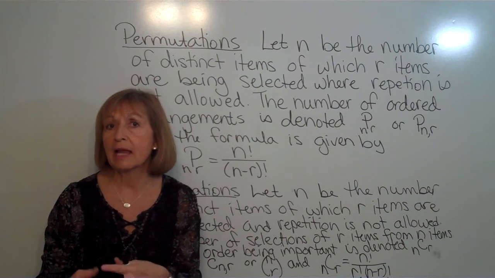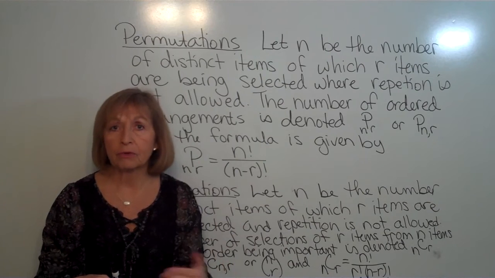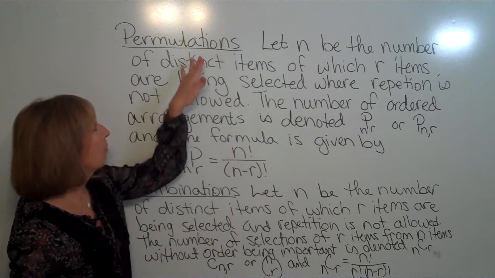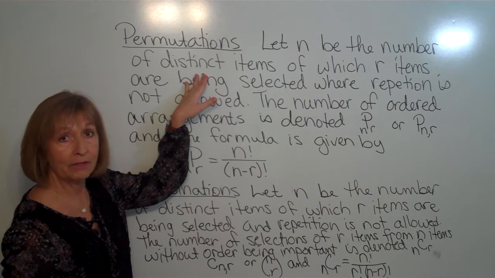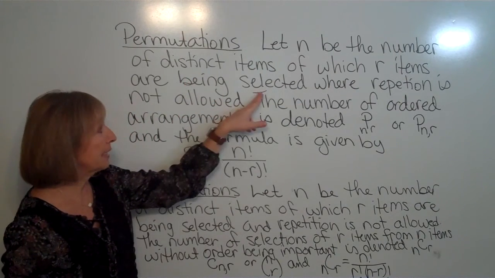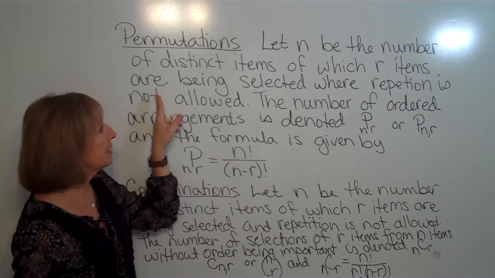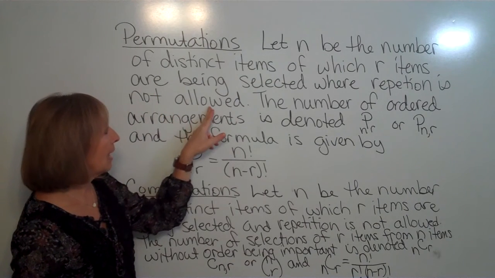So a lot of times we say order is important or order matters. That's a permutation. So it says let n be the number of distinct items of which r items are being selected, and repetition is not allowed.